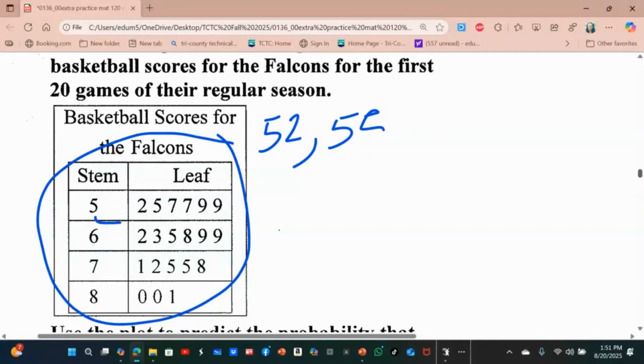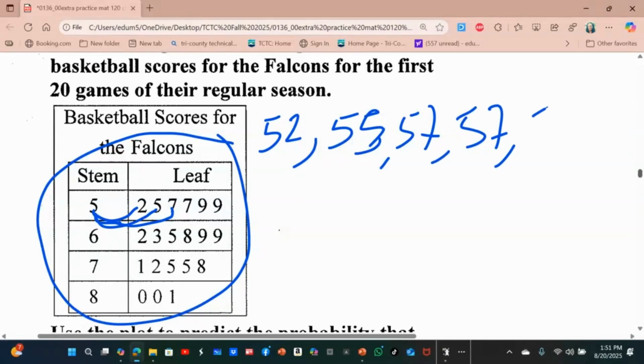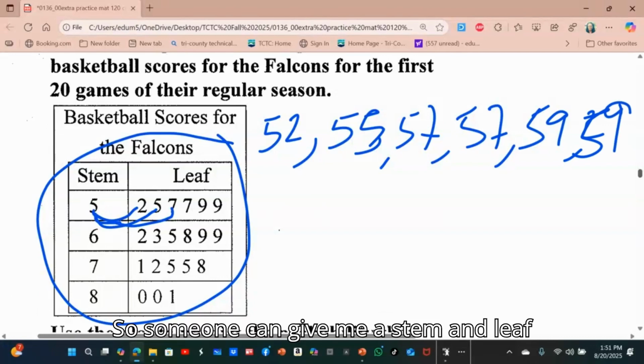So 52, 55, 57, 57. I'm talking about the first row. Then 59, 59 again. So someone can give me a stem and leaf display and ask me to rewrite it.